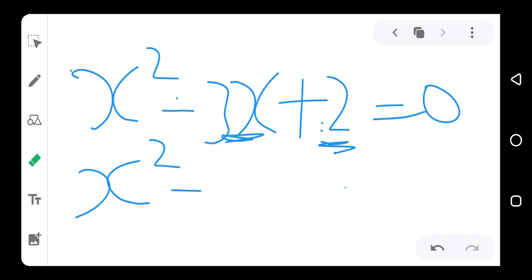Now let's try minus 2 and plus 1. That is minus 2 times plus 1, it will give us minus 2, but what we have is plus 2, so this one is not part of it.